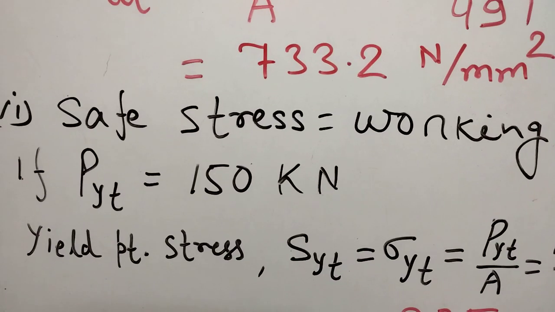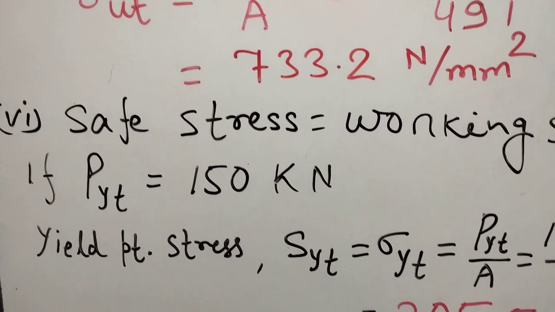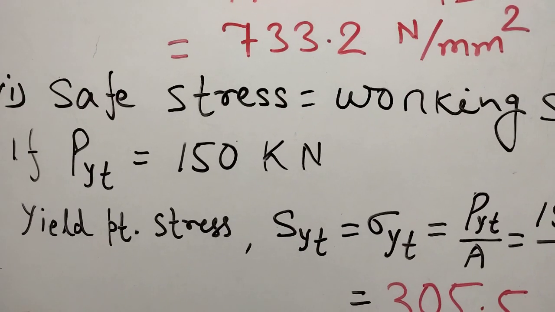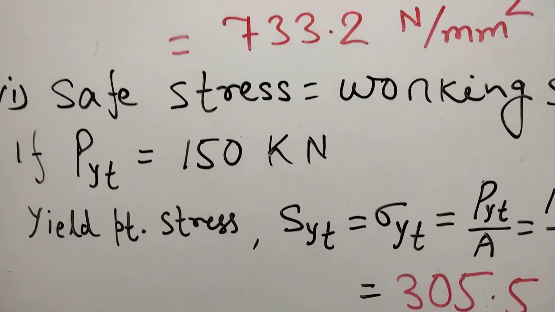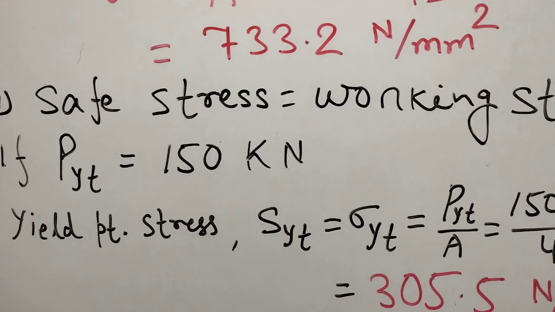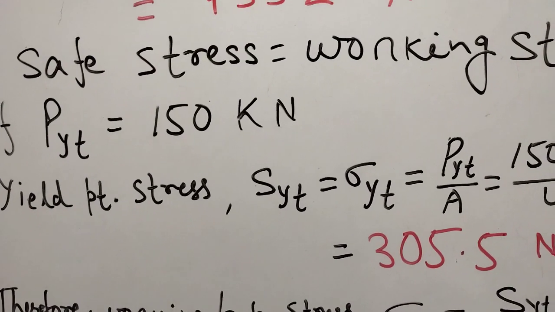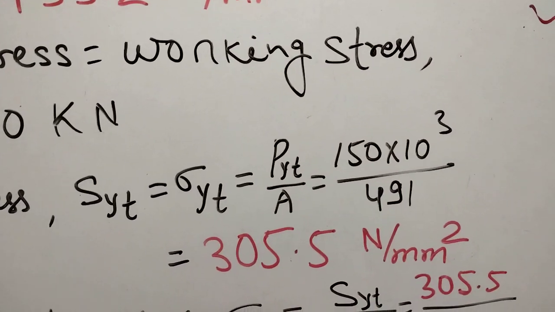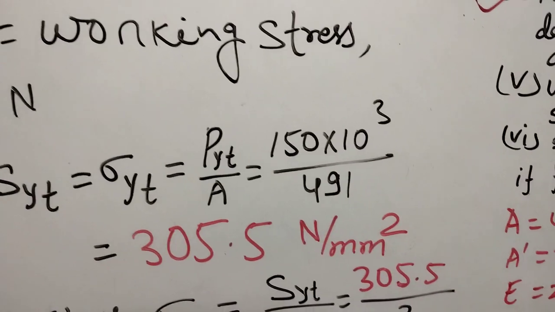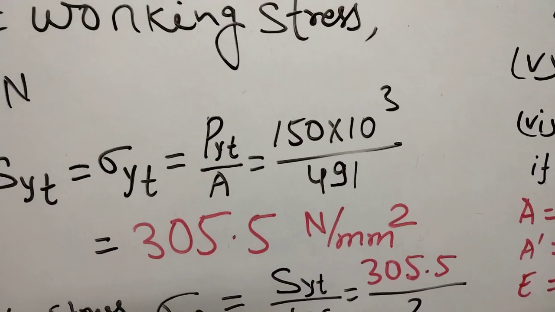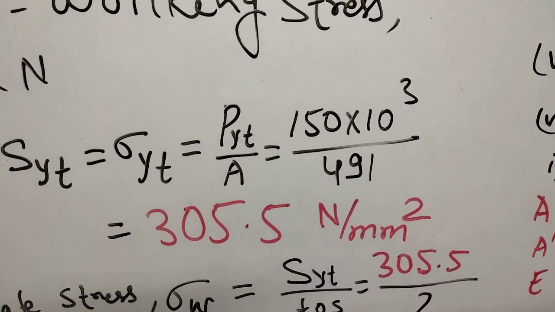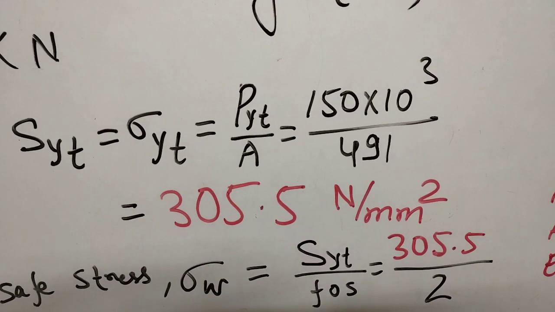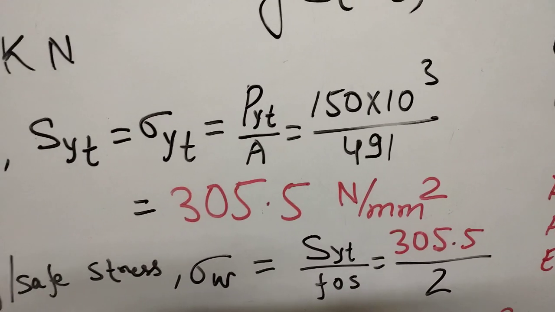Suppose we take PYT, the yield load, as 150 kilonewton. We first find the yield stress sigma YT, or SYT, equal to PYT divided by area: 150 into 10 to the power 3 divided by 491, which is 305.5 Newton per millimeter square.